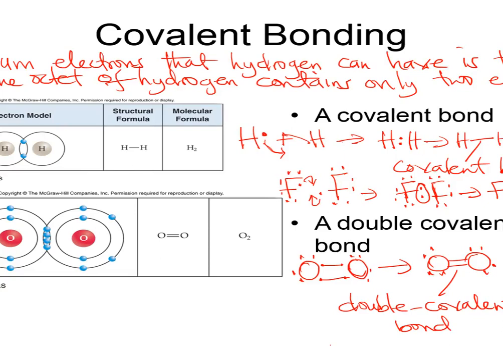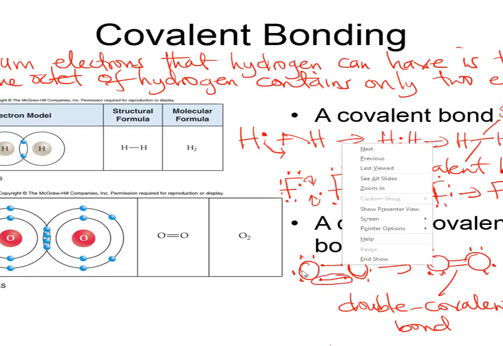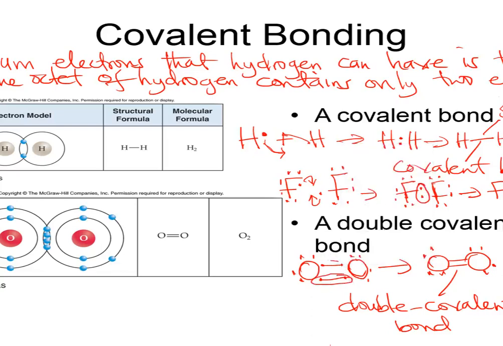So when you talk about chemical bonding, we have single bond, this one. Single bond forms from only 2 electrons. We have double bonds. Double bonds form from 4 electrons. We also have triple bonds. A triple bond will form from 6 electrons. So this one is a double bond.